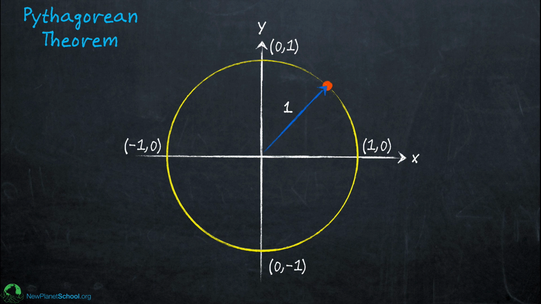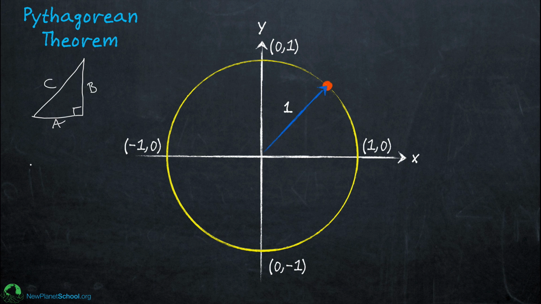Okay. Now, the Pythagorean theorem, another really important fact in trigonometry, is the following. Suppose we have a right triangle, because as I said, that's mainly what we're going to be doing. We have a right triangle, and I'm going to label the sides a, b, c to make it arbitrary.